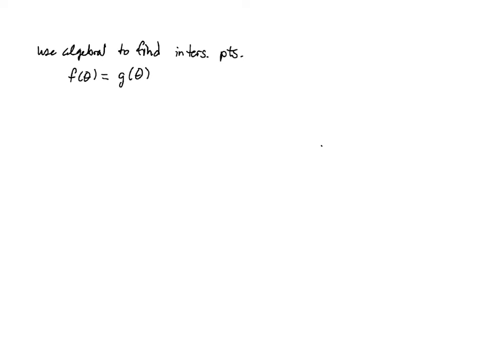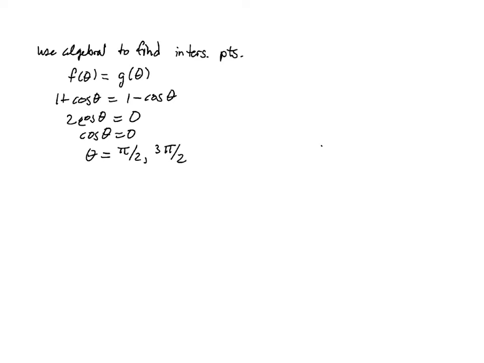So in our situation, you have 1 plus cosine theta equals 1 minus cosine theta. And when you simplify that, we get 2 cosine theta equals 0, cosine theta equals 0. So that happens when theta is pi over 2 and 3 pi over 2, just like we found in the example that we were looking at.